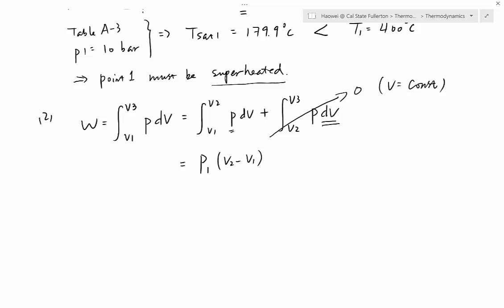Okay, and then let's recall one more time. Nu, the definition of nu is volume over mass. So we can rewrite volume. We can rewrite V2 into mass times nu2 minus mass times nu1.